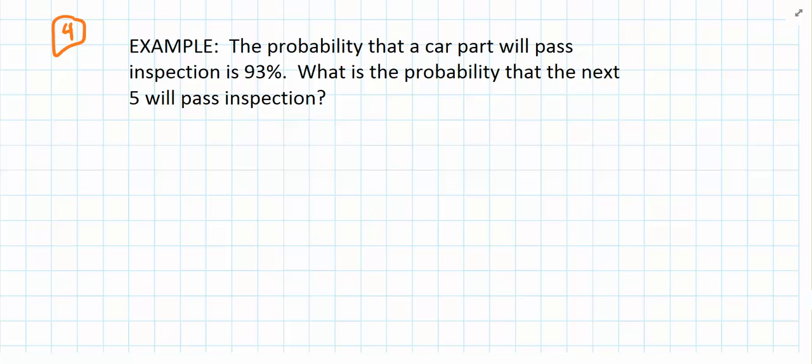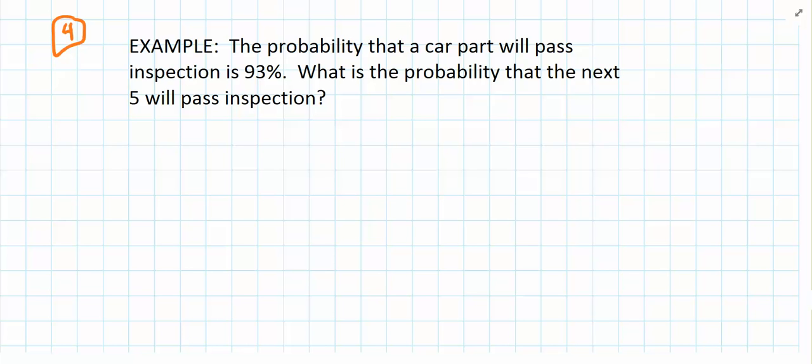When I read probability problems, I always have to read them twice because it's kind of hard to know which direction to go. So every time a car part is inspected, there's a 93% chance it's going to pass. I want to know the probability that the next 5 car parts will all pass together.